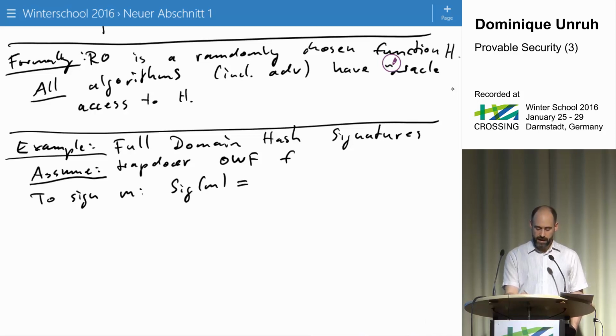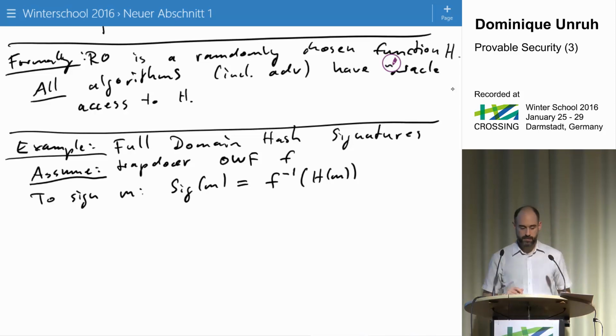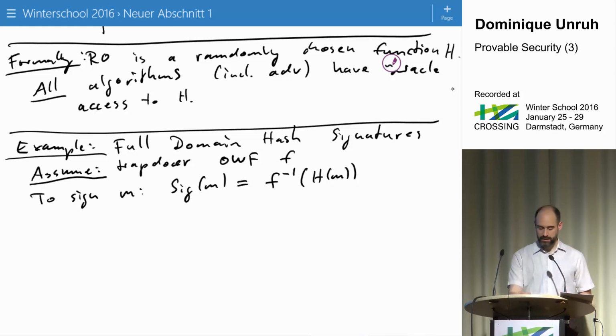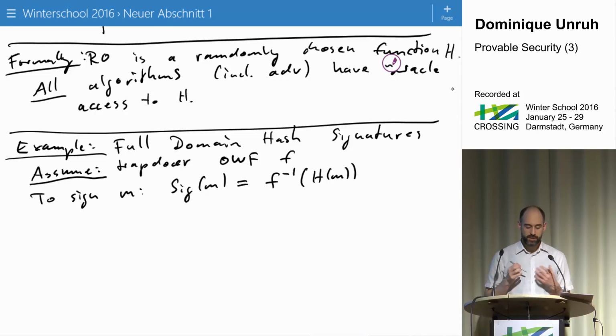And the signature of M is the one-way function inverted applied to the hash of M. Yeah, and we can invert this function F here because we have this trapdoor.